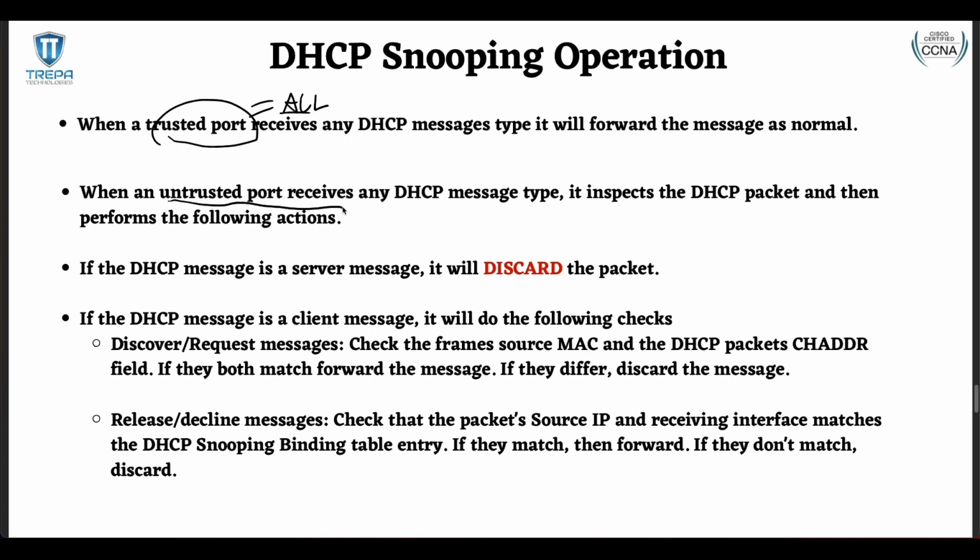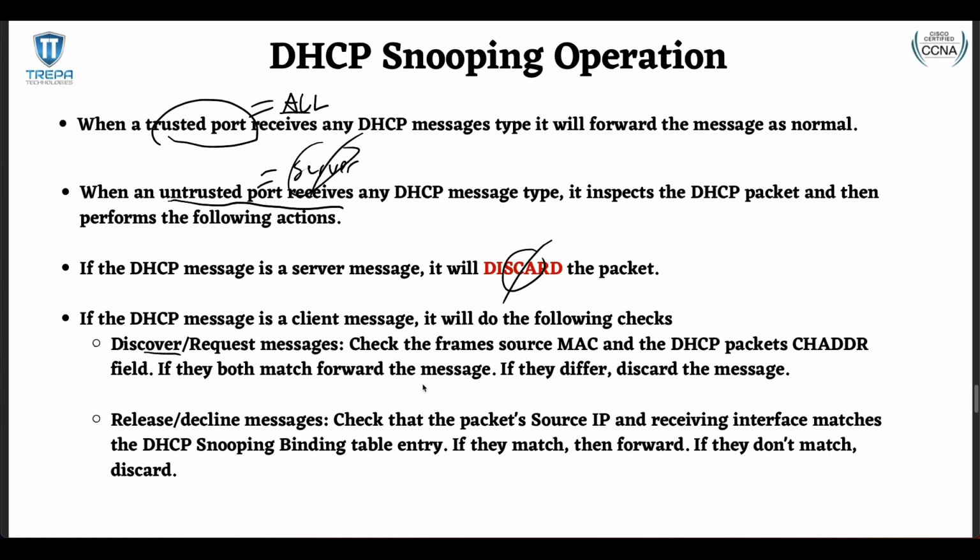Now, when an untrusted port receives any DHCP message type, it's going to inspect the DHCP packet, the actual DHCP header and packet, and then it's going to perform the following actions. At a base level, if the DHCP message is a server message, it's going to discard that packet. So on untrusted ports, server messages are no-go. If the DHCP message is a client message, it's going to do the following checks.